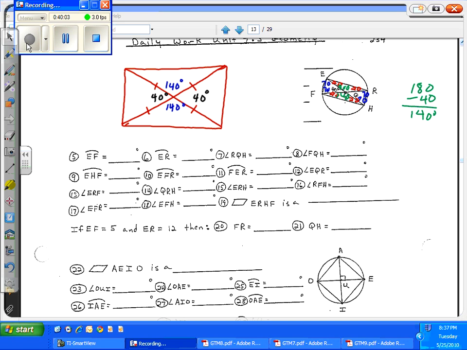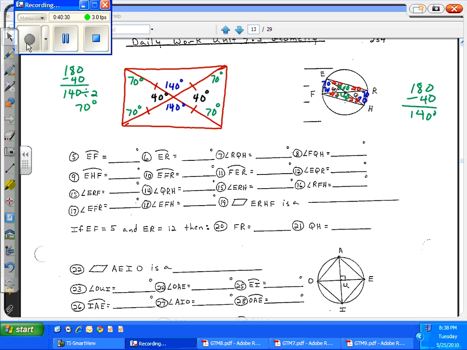Like we said a while ago, the sum of the angles of a triangle is 180. 180 minus the 40 leaves 140. Divided by 2 would be 70 degrees apiece for these. Those are equal because it's an isosceles triangle. If those are both 70, these are both 70 for the same reason.